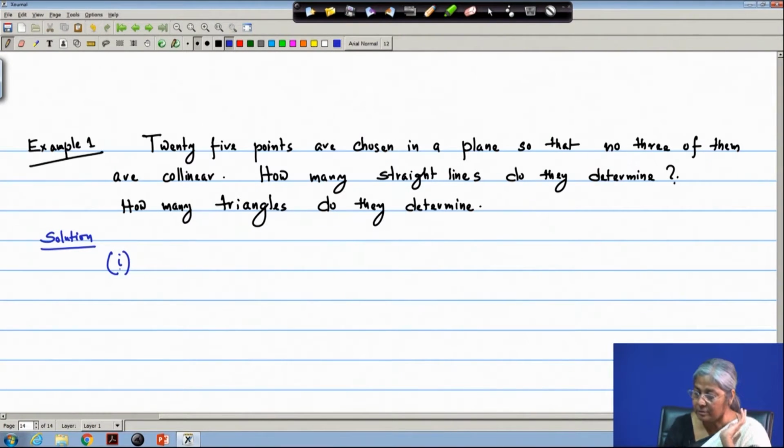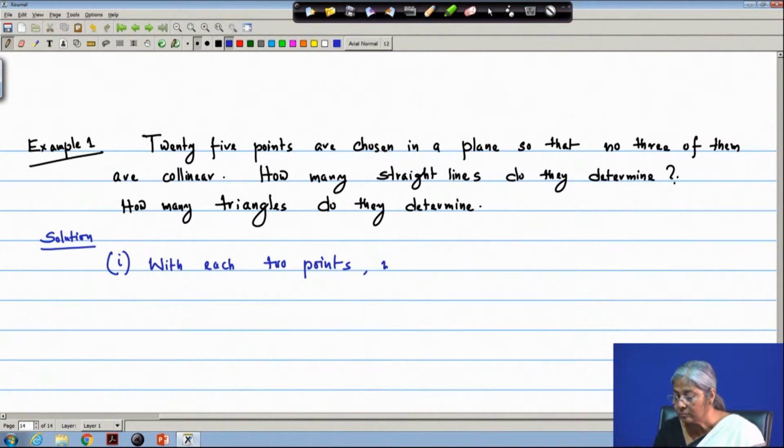The first one, straight lines. No three of them are collinear, so with each 2 points we can draw a straight line. Now, I have 25 points, so the problem I can think of is 2 combination of 25 elements.